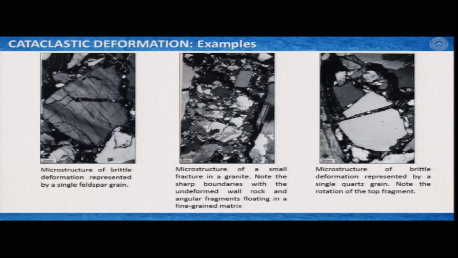Now, here I try to give you some examples. When you look at thin sections under optical microscopes, you can have some idea that you are looking at cataclastic deformation. So, this is a single feldspar grain, as you can see here.